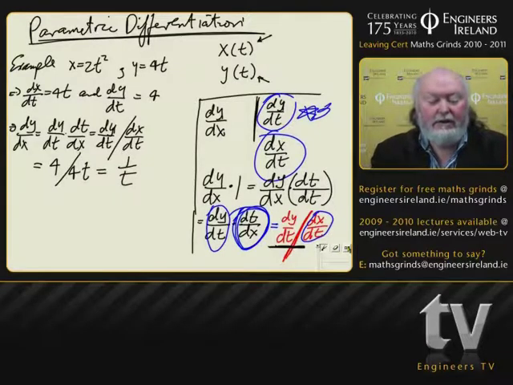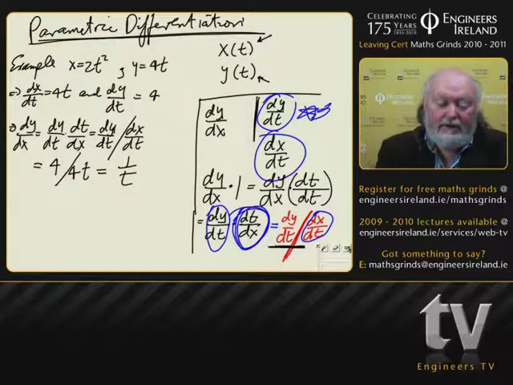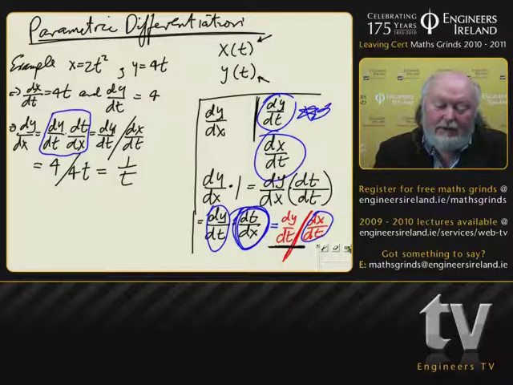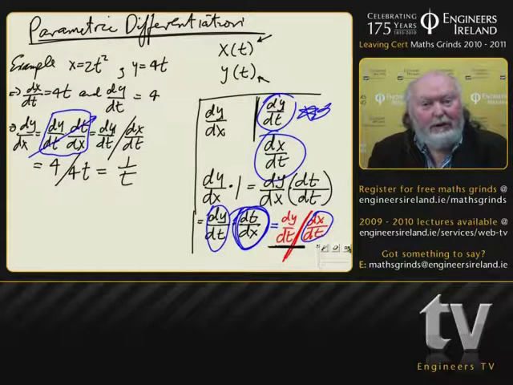And any other variation of that just follows the same little trick. You don't have to write in this middle piece. All I'm showing you is that it's just a version of the chain rule. It's a multiplying by 1.